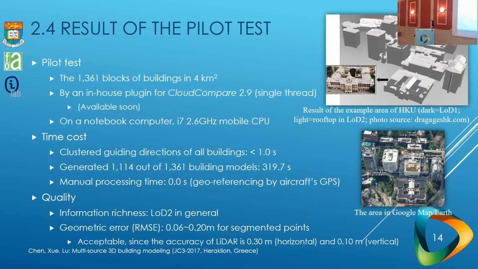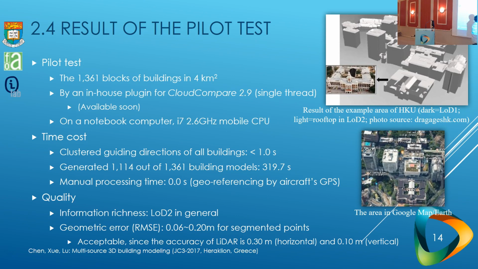So about quality, we also use these small areas. At the top right we have two different colors. The dark color stands for the LOD1 block, and the light color stands for the rooftop elements we find. From the results, we can use the planar parameters to get close to the curved face.